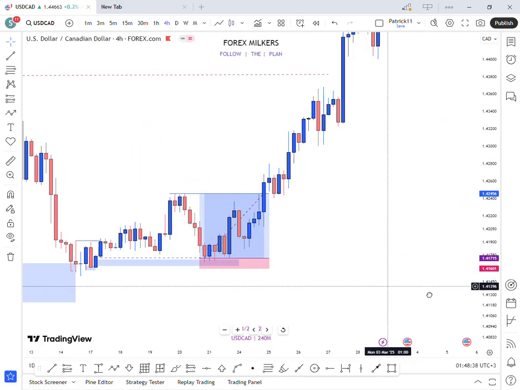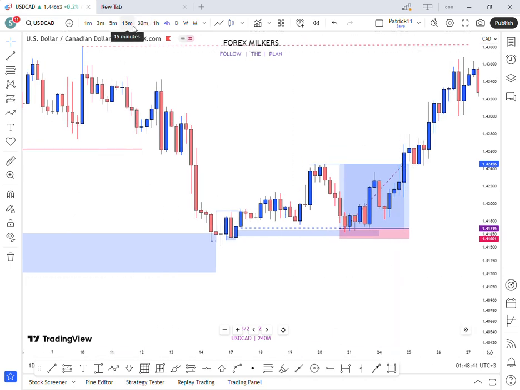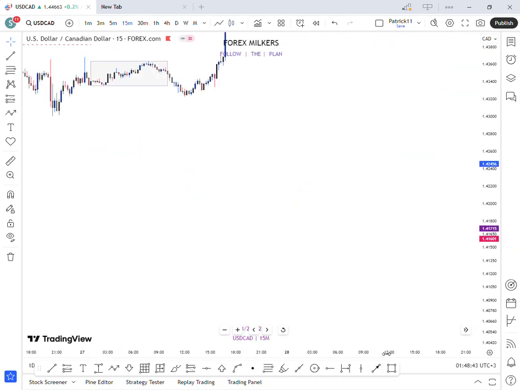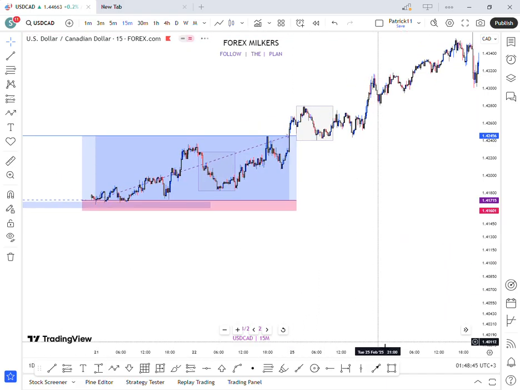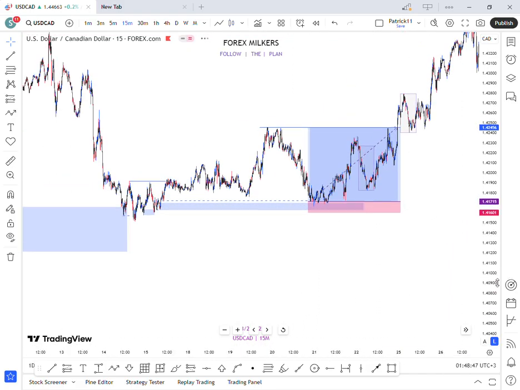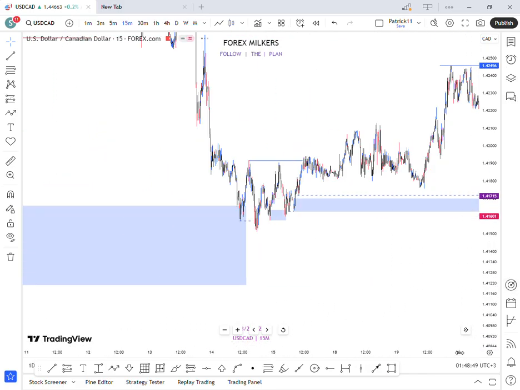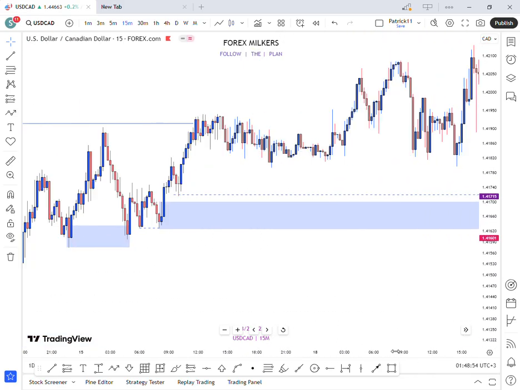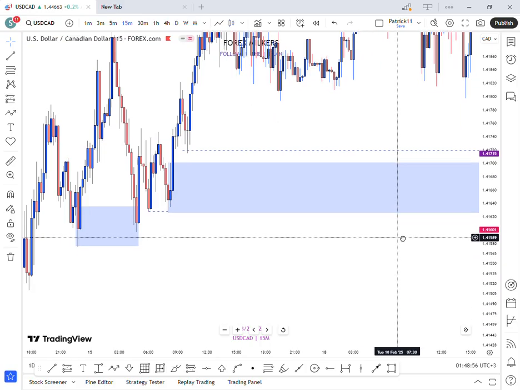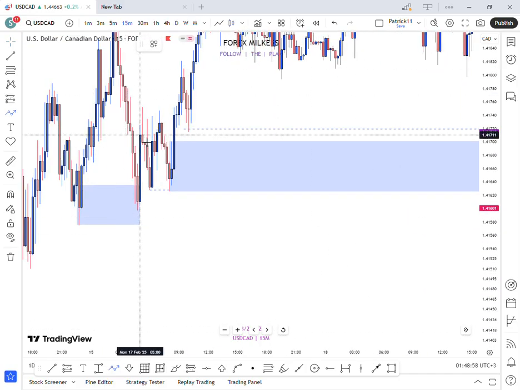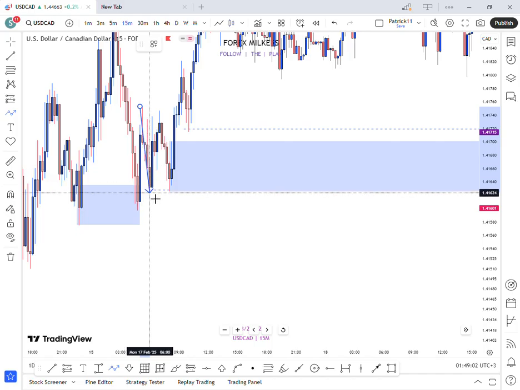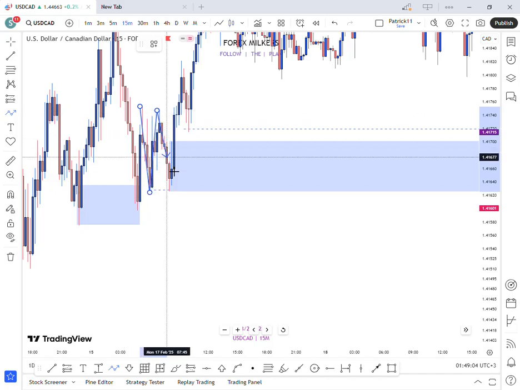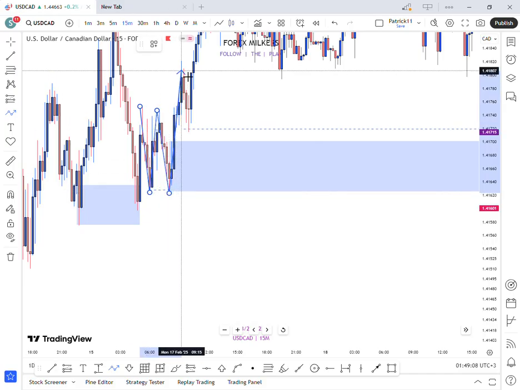Also this setup, it's also the same thing over and over again. If you take a look at this point, what did we have? Price gave us this, price dropped, pushed up again, dropped, taking out the previous low, and then shot up.